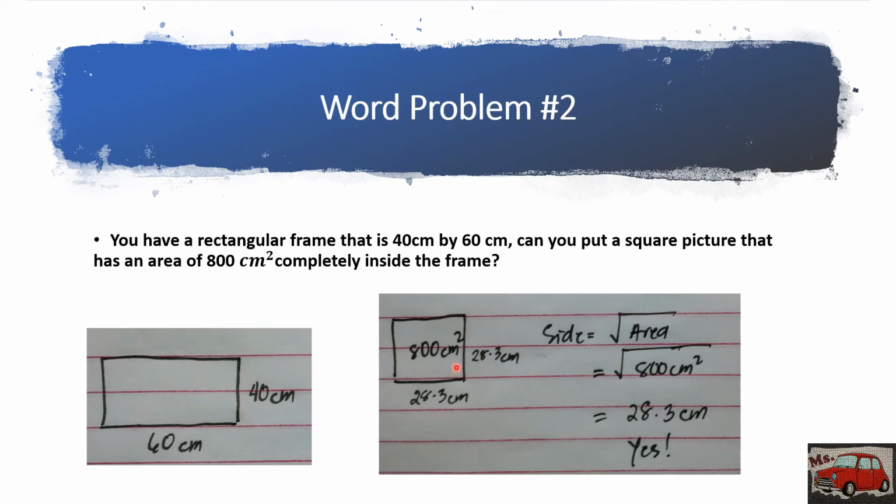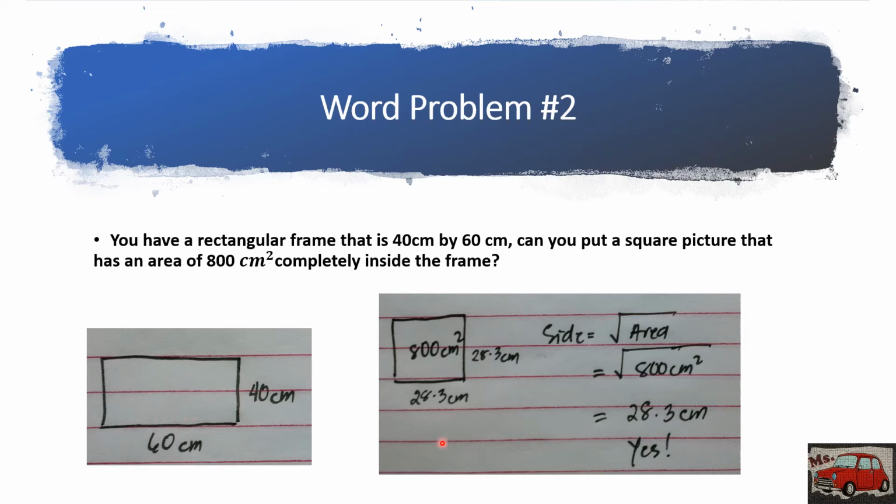Okay? So, in this case, yung side, para makuha natin, is kunin natin yung square root ng area, which is yung 800 square centimeter. Then, we'll get 28.3 centimeter. So, ibig sabihin, yung side ng square na to is 28.3 centimeter. Alright? Now, magkakasya ba dito sa loob ng rectangular frame na to?